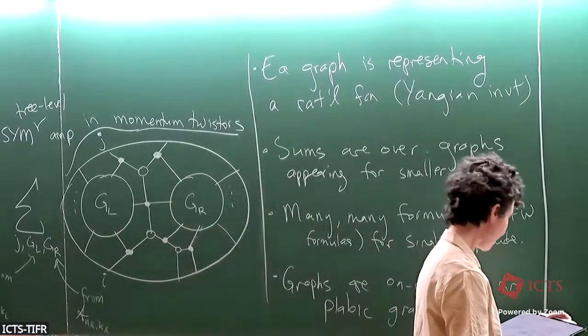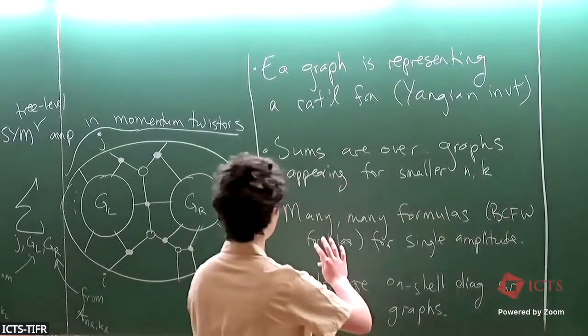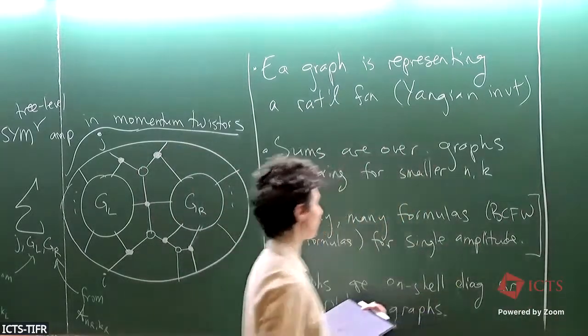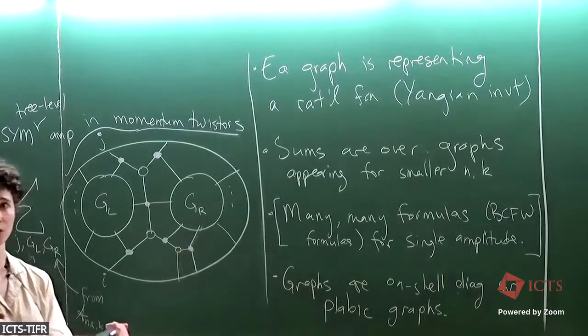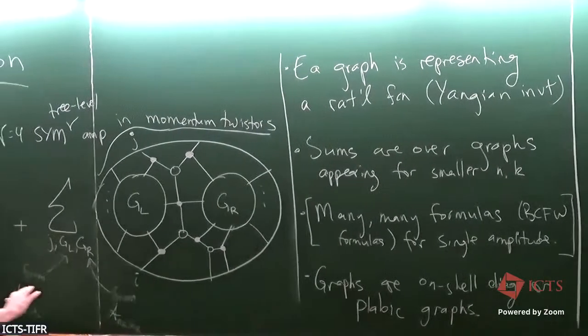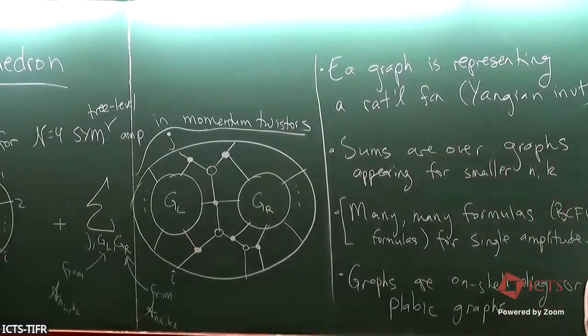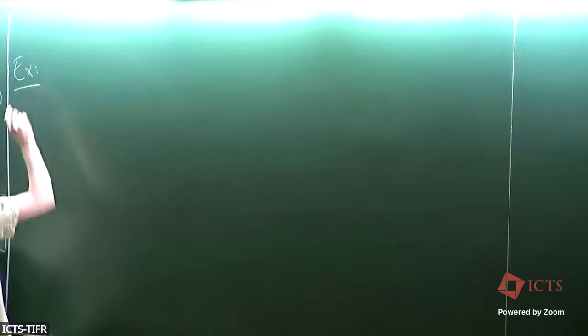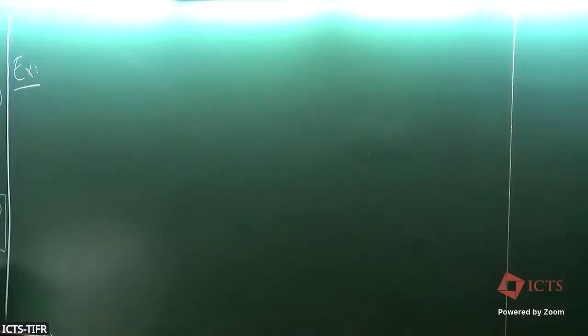Okay, so the many, many formulas for the amplitude is what we're going to hone in on, and it's going to motivate everything else. But before I do that, I gave you a recursion, so maybe I should tell you what the bottom of this recursion is. So when you get to the end, you know what to do. Here are some examples of what you get if you run this recursion.